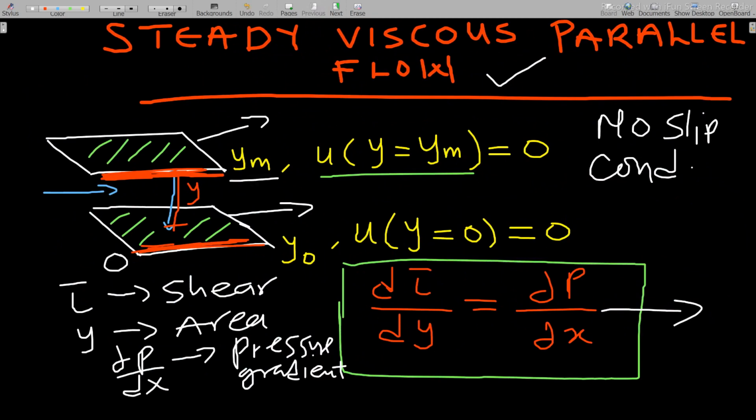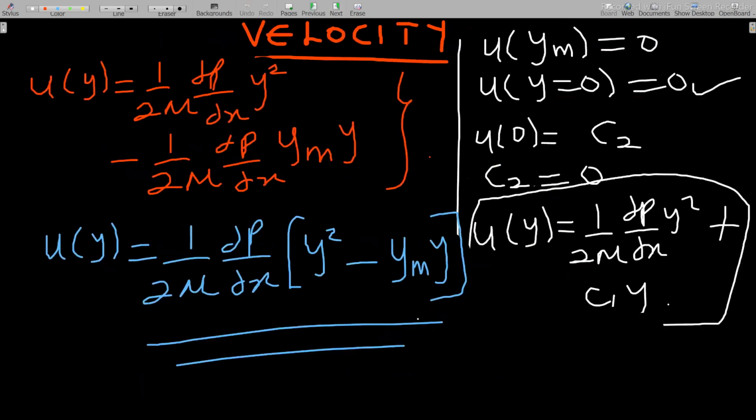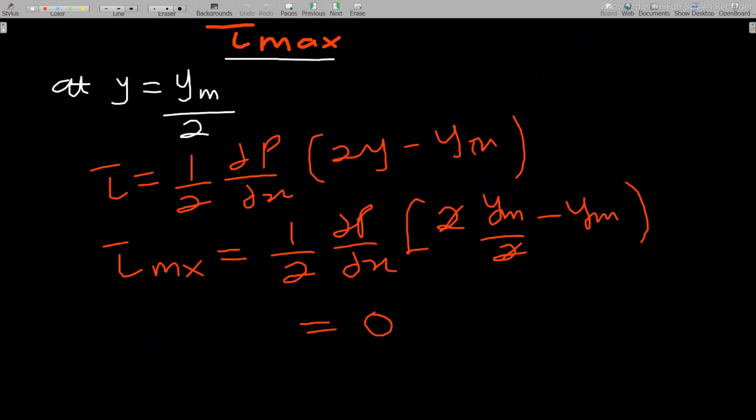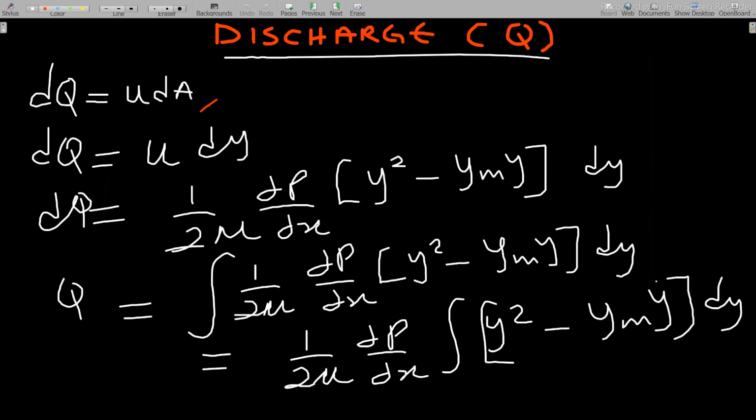This means that the entire length of y, or the area we move, is from 0 to y max. So that will be the limit of the integration. Let me quickly erase some parts and we'll continue from there.